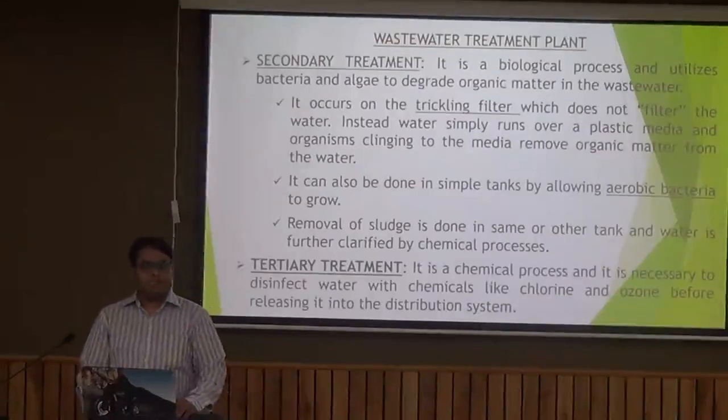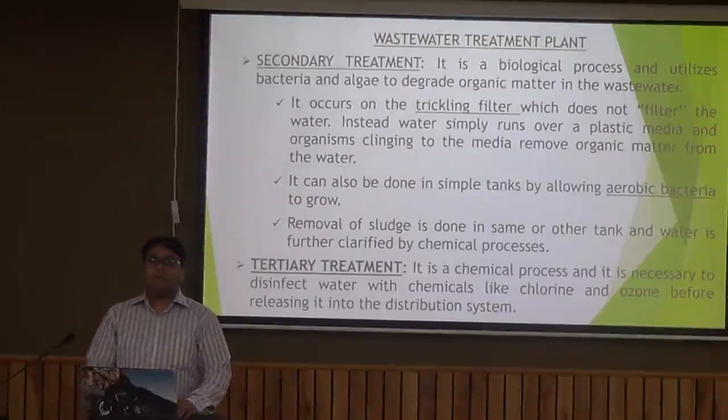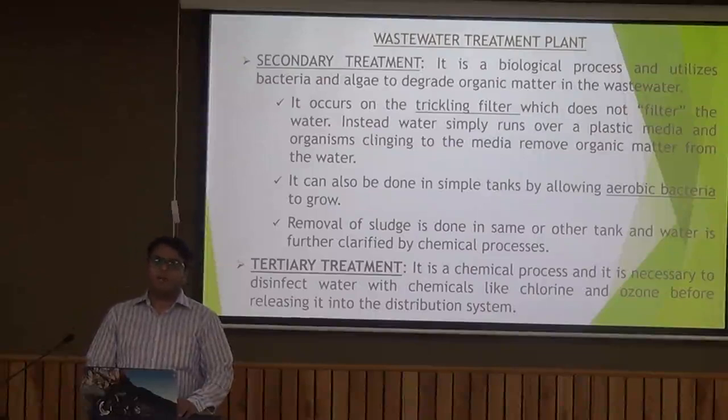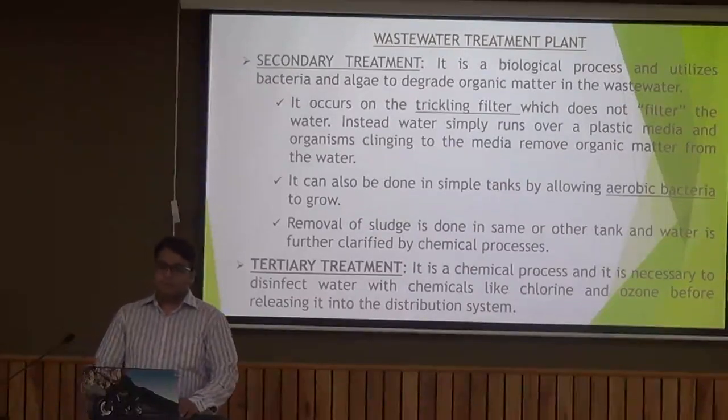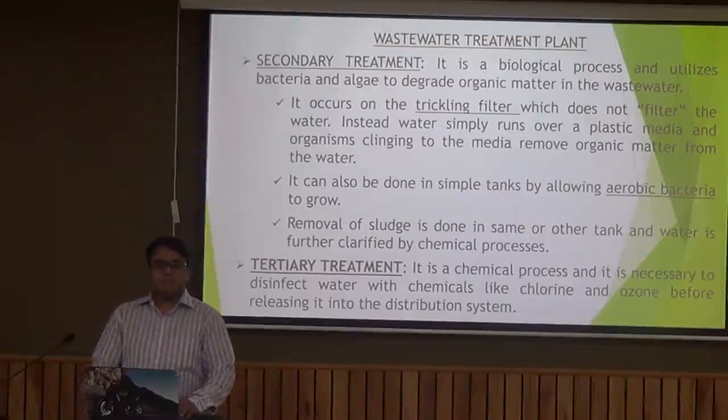Then we go for the secondary treatment, which is a biological process like aeration. In this process we either use a trickling filter or it is done in large chambers where bacteria degrade all the organic impurities like feces and plant and animal debris present in wastewater. Next is tertiary treatment or disinfection.